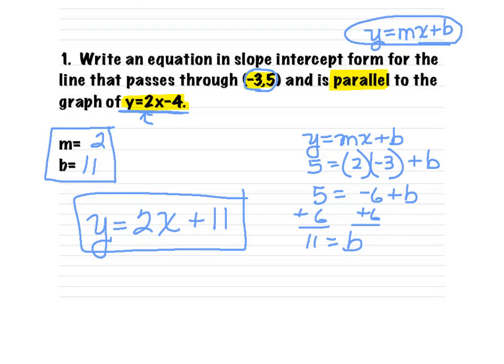If my line is going to be parallel to this line, it must have the same exact slope, because we learned that parallel lines have the same slope. So I go ahead and know that m is equal to 2 for my line. I need b. So I use the point and the slope to solve for b, and then I can write my equation.